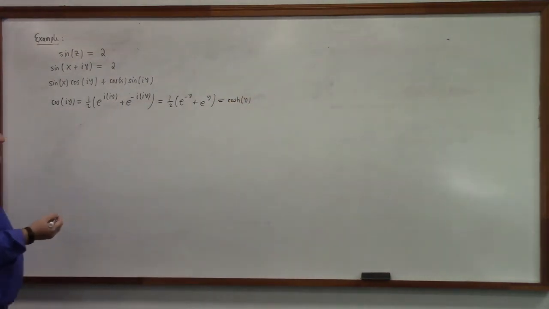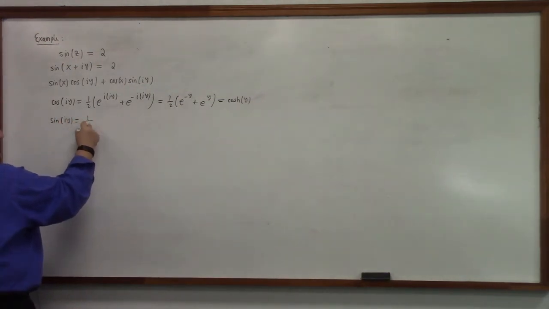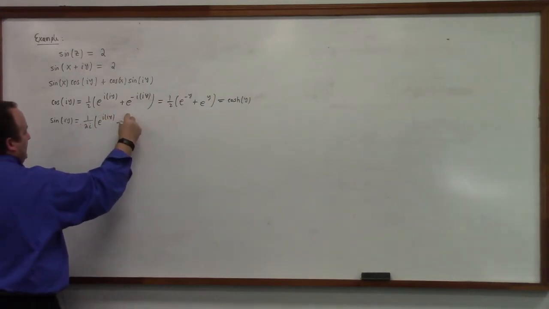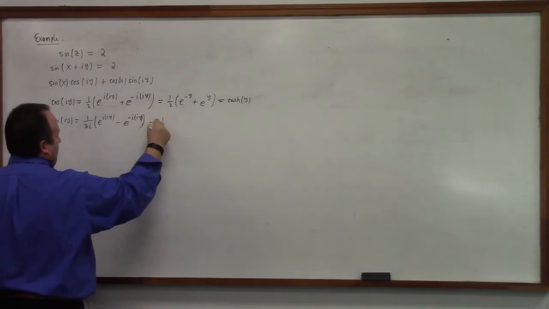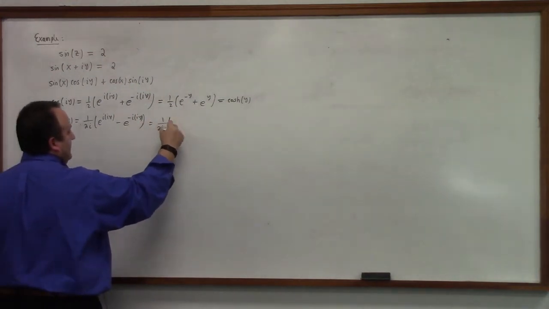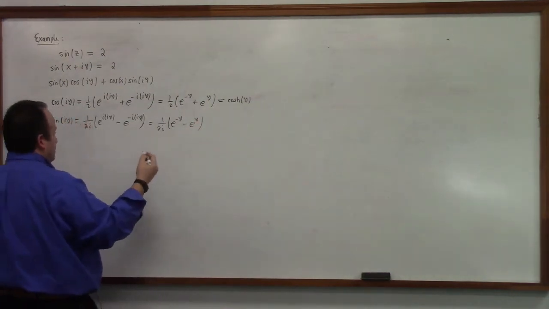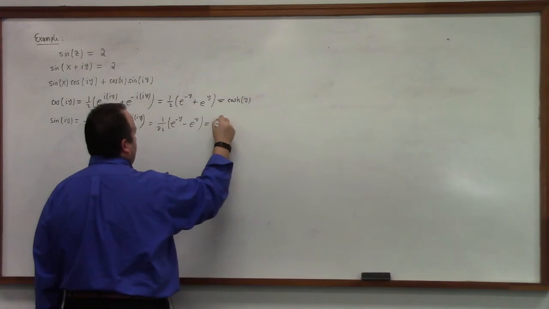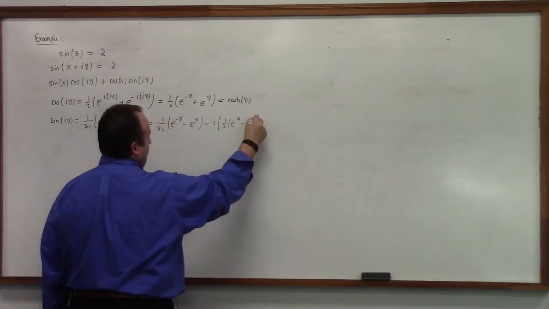All right. And sine of iy is 1 over 2i e to the i times iy minus e to the minus i times iy, which is 1 over 2i e to the minus y minus e to the y, which is i times 1/2 e to the y minus e to the minus y.